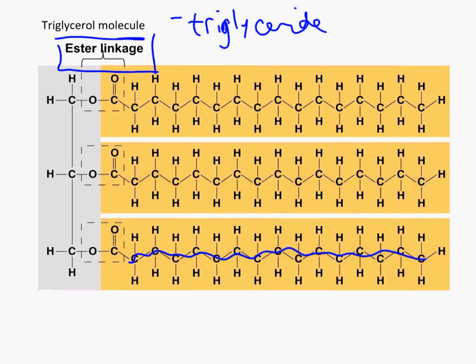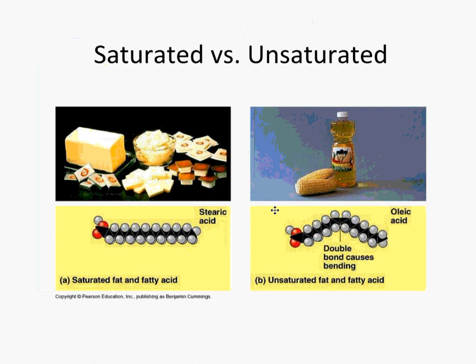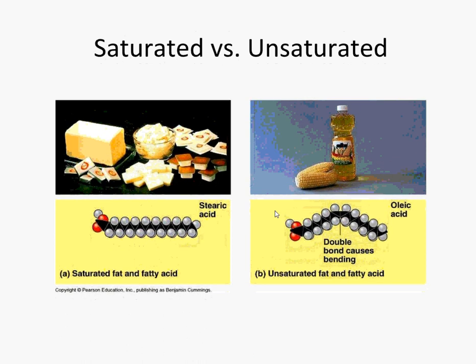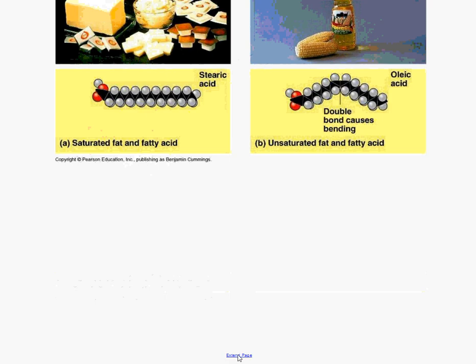Sometimes these are called bad fats in our diet, but you need saturated fats in order to survive, so they're not altogether bad, but they can be in excess, just like just about anything. The unsaturated fat is called unsaturated because of double bonded carbons. So I'll draw a picture of this.